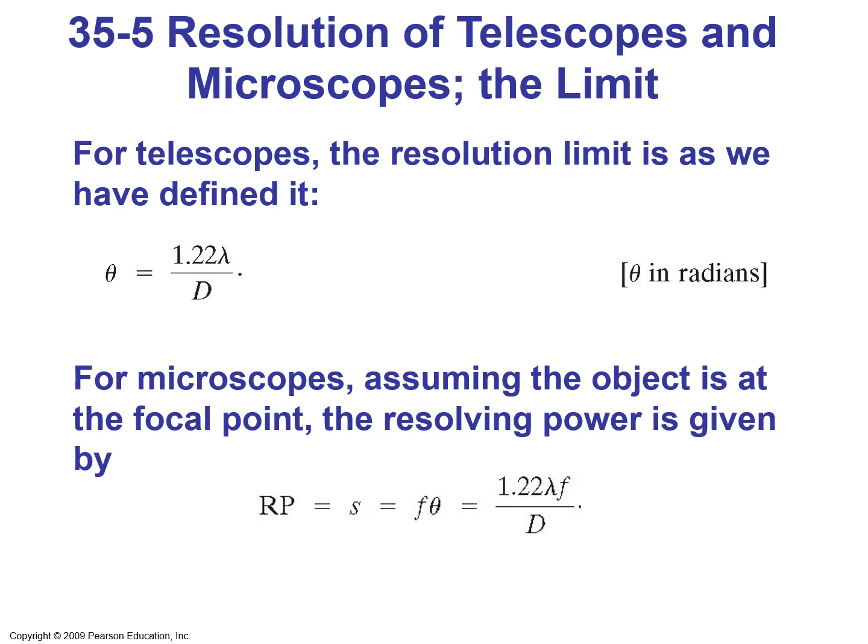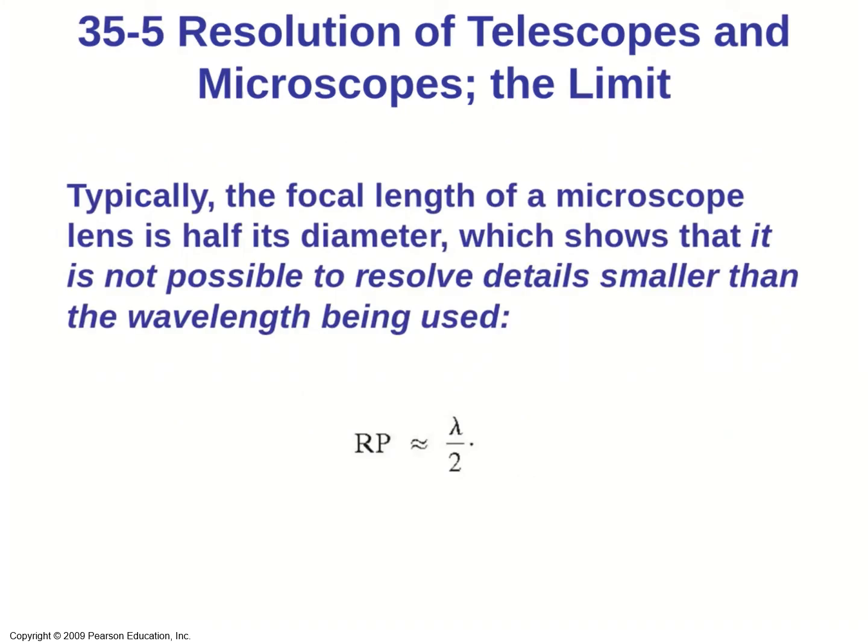For microscopes, assuming the object is at the focal point, the resolving power RP is equal to S, which is equal to F, the focal length, multiplied by theta, and theta is obtained from here, so we have 1.22 times lambda times F divided by D. Typically, the focal length of a microscope lens is half its diameter, which shows that it is not possible to resolve details smaller than the wavelengths being used.